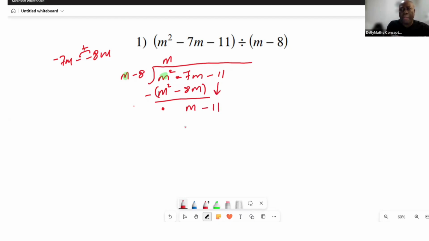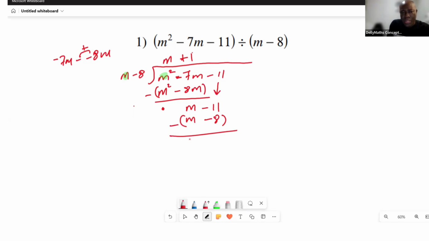And then we're going to go again. So we're going to divide m into m. So m goes into m, and that's going to be 1 times. So we have a +1. And then 1 times everything there. So 1 times m will give us m, and 1 times -8 will give us -8. And we're going to subtract this.